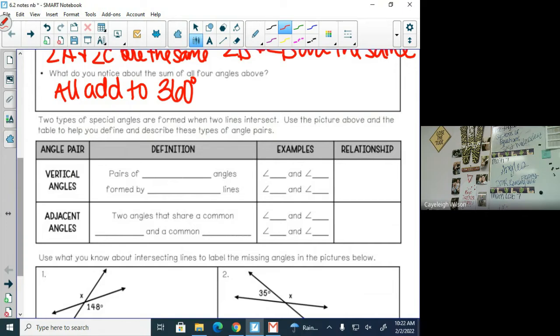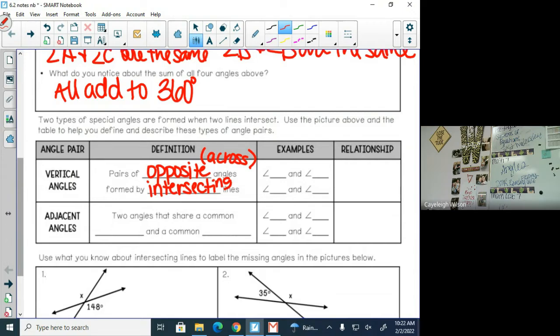So pairs of opposite angles. Okay, so opposite angles means that they are across from each other. I'm going to put across in parentheses here. They are formed by intersecting lines, so that means lines that cross.